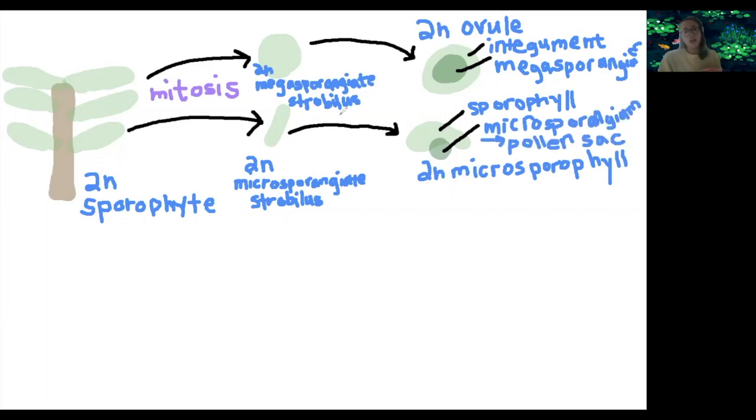Okay, so let's take stock here. We have a megasporangiate strobilus, microsporangiate strobilus, on which we're getting sporophylls, which on the megasporangiate cone will produce an ovule, and on the microsporangiate cone will be a pollen sac.